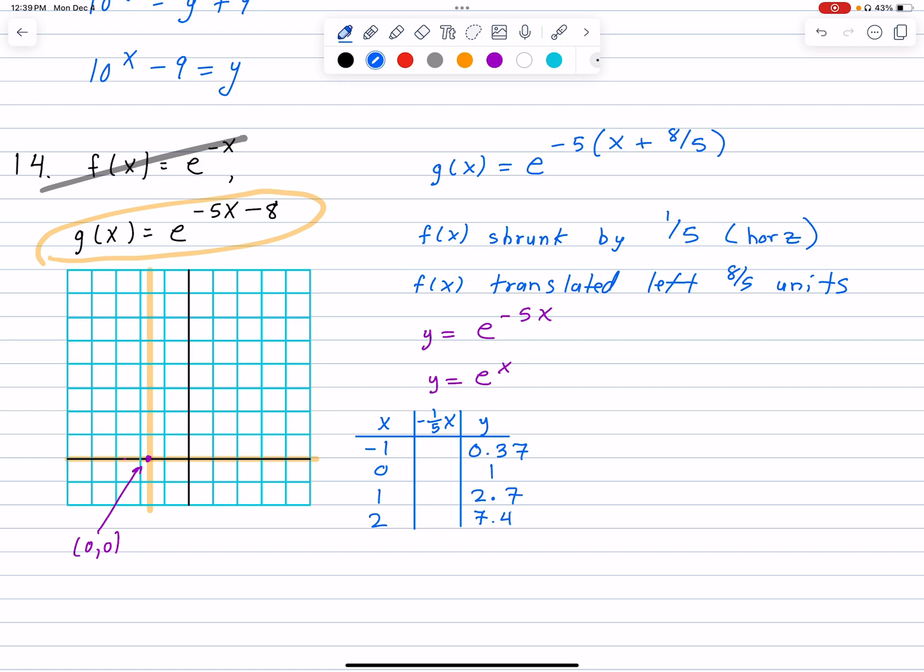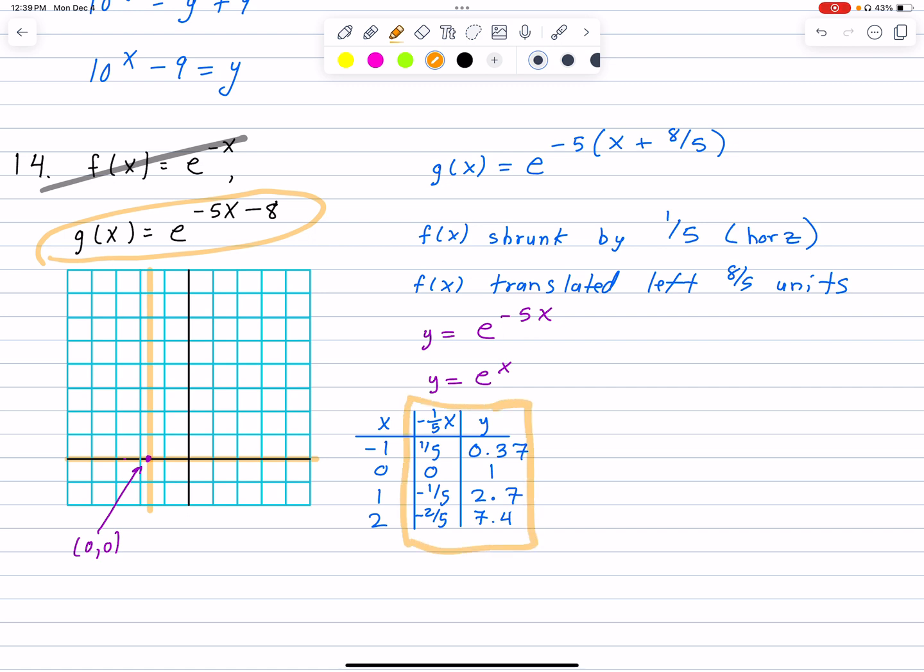Now remember what's happening. I'm going to take all my x values, so this column, and multiply them by -1/5. So I get 1/5, 0, -1/5, and 2/5, -2/5. So when I go to graph this, I'm going to be using those two columns.